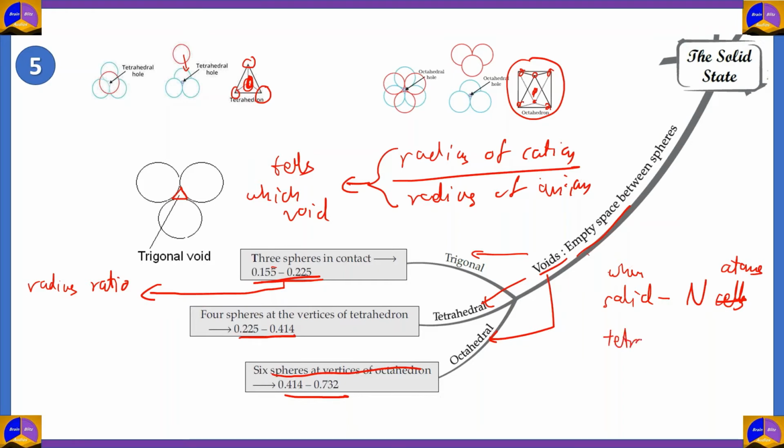The number of tetrahedral voids will be equal to 2n, and the number of octahedral voids is equal to n. Suppose we have a face-centered cubic cell. A face-centered cubic cell has 4 atoms inside that unit cell. Therefore the tetrahedral voids will be 8 and the octahedral voids will be equal to 4. That is the general idea.